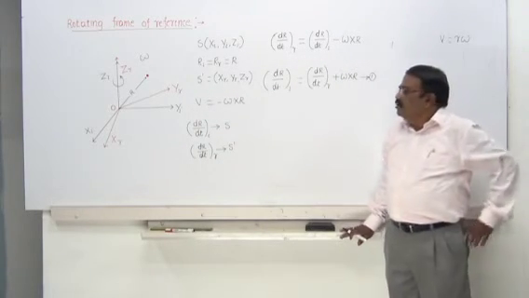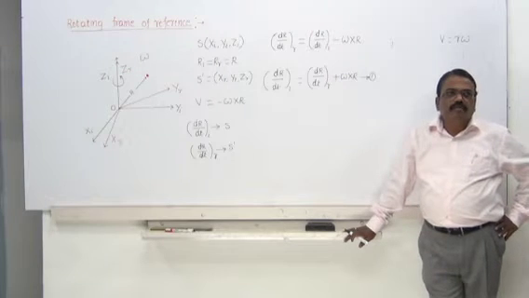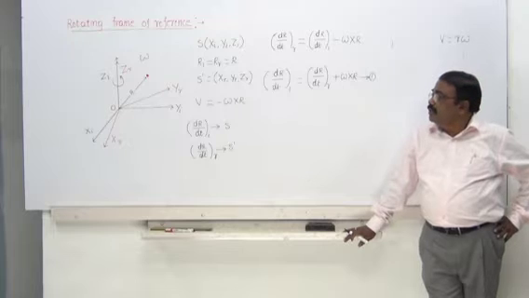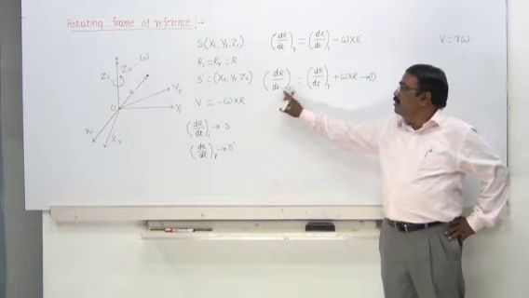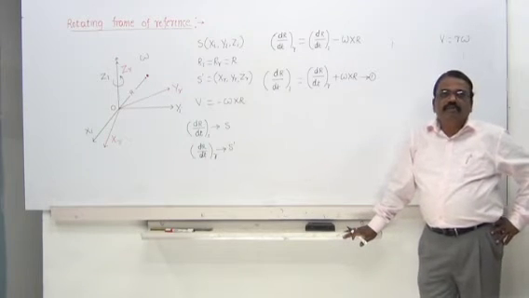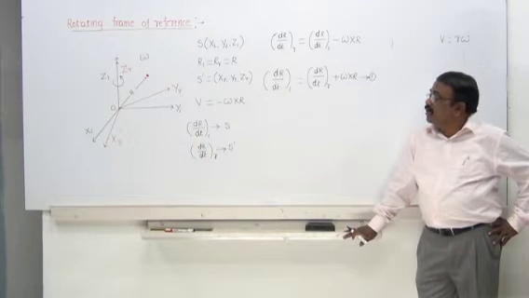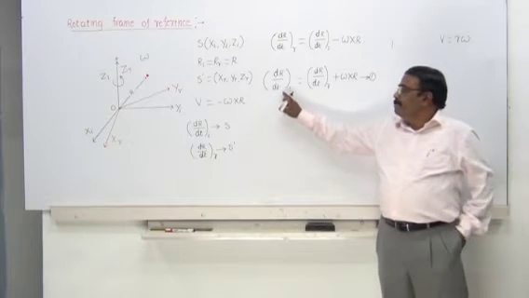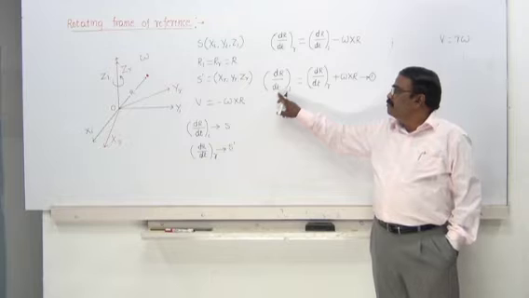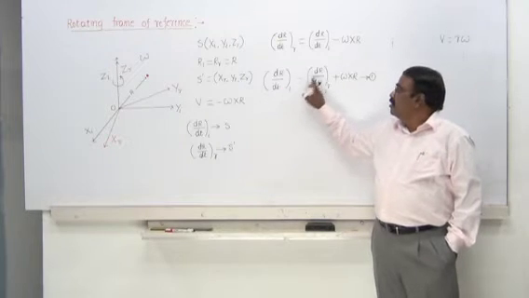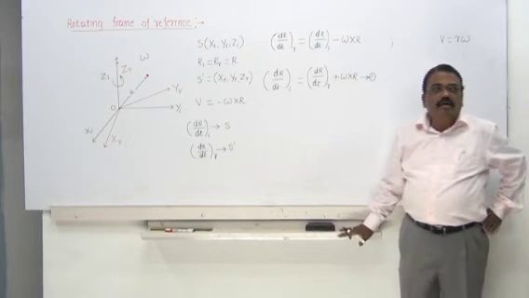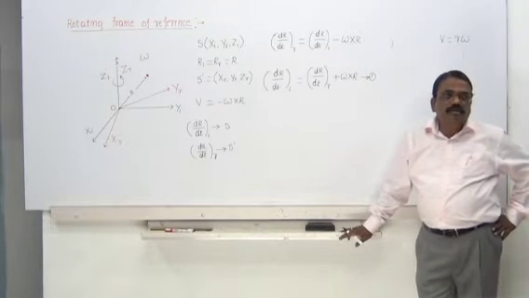So actually this equation holds for all vectors and relates the time derivatives of the vectors in the frames S and S dash. This d by dt is the time derivative in the S frame, and this is the time derivative in the rotatory frame S dash.